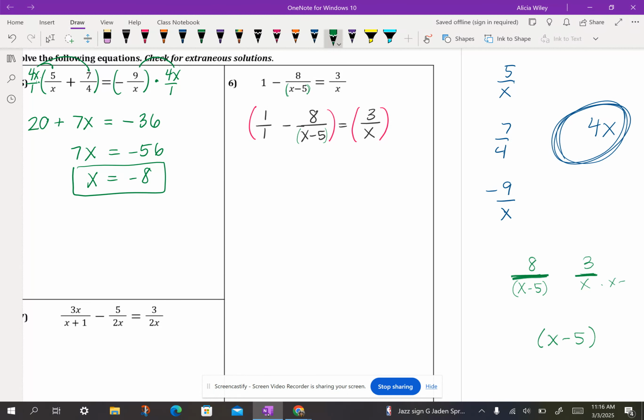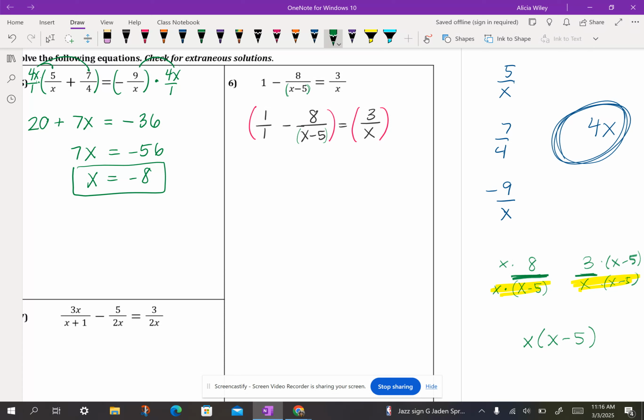So imagine you did this. We're not going to do this, but let's imagine that that's what we were doing. And so if this is what this fraction has, this one would need it too. So that means it also would need an x, right? So our common denominator here is x times x minus 5.